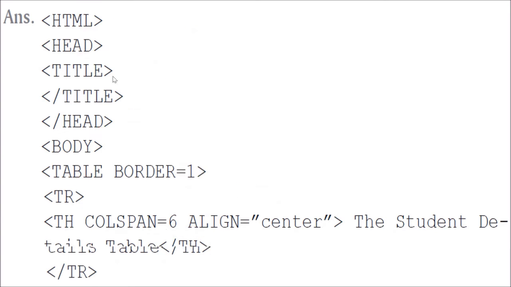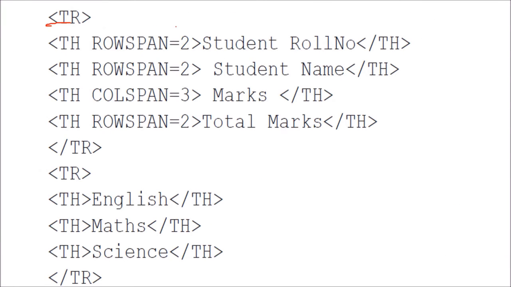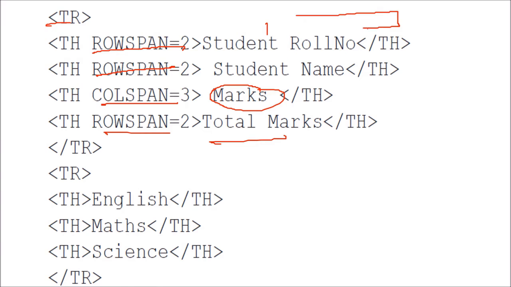First row is complete. Second row. The first, student roll number, I just showed you that it is taking rowspan 2, then student name rowspan 2, and rowspan 2 for total marks. But for marks, it was colspan 3, meaning it was taking 3 columns.